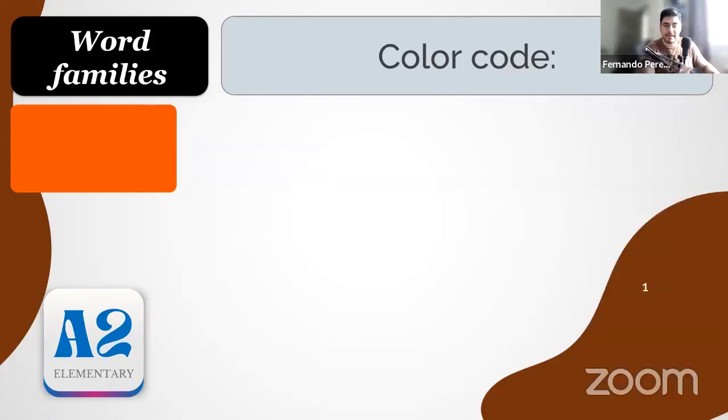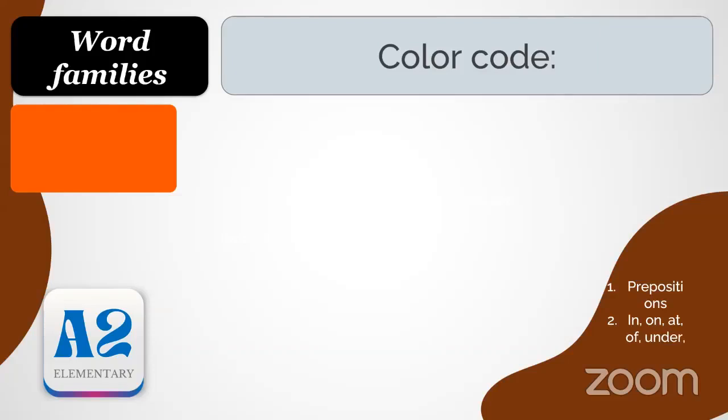Family number one is prepositions. And prepositions are words like in, on, at, off. Prepositions of location such as under, over, against, etc.